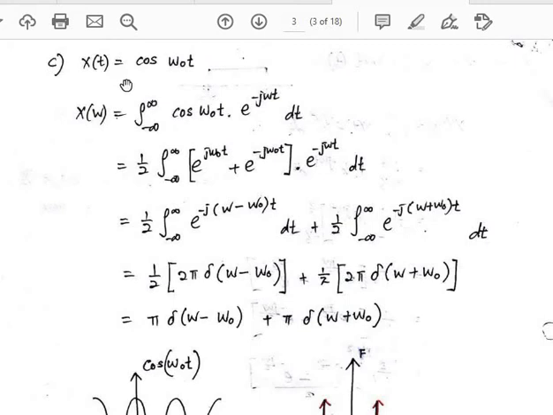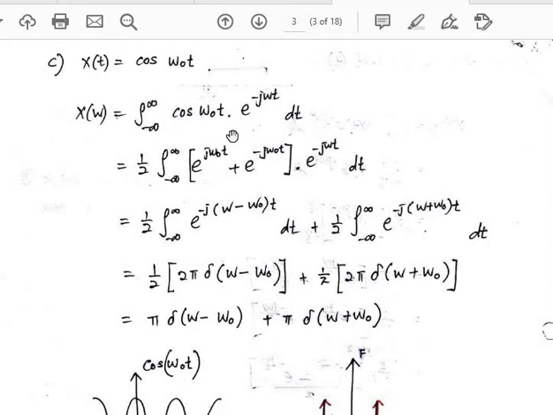And now you look at if x t is equal to cos omega naught t. So you change the form. This is the cos. You change it to the exponent: exponent j omega naught t plus exponent minus j omega naught t, divided by 2. So this is the cos. You take out the 2, you have 1 over 2. And then you multiply with the exponent minus j omega t.